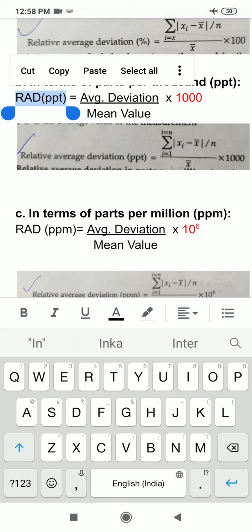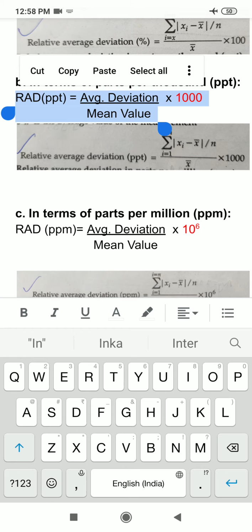When I expressed it earlier in terms of percentage, I multiplied this ratio of average deviation and mean value by 100. Now, expressing it as parts per thousand, I will multiply it by 1000. This is the only difference.